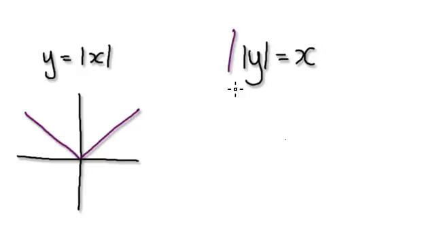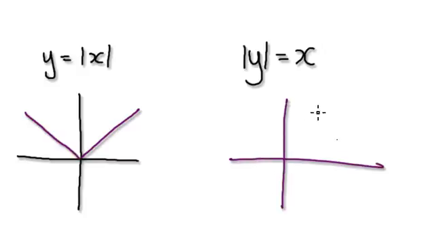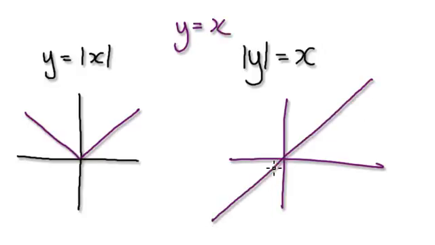For you to try and sketch this, you would sketch your graph as if it were y equals x as normal. So it would be like this, but then it will disregard everything that's negative, and then you also see the negative version of what's left.